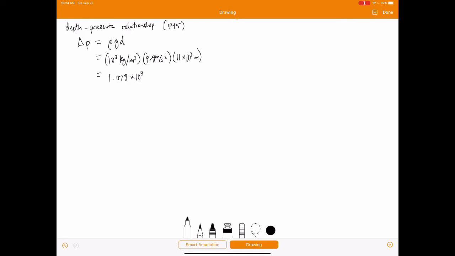Now, unit-wise, we have kilograms here and meters per second squared here. So a kilogram times a meter per second squared is a Newton. And then what we're left with is meters cubed on the bottom, and then a factor of meters on top, which would be meters squared on the bottom.